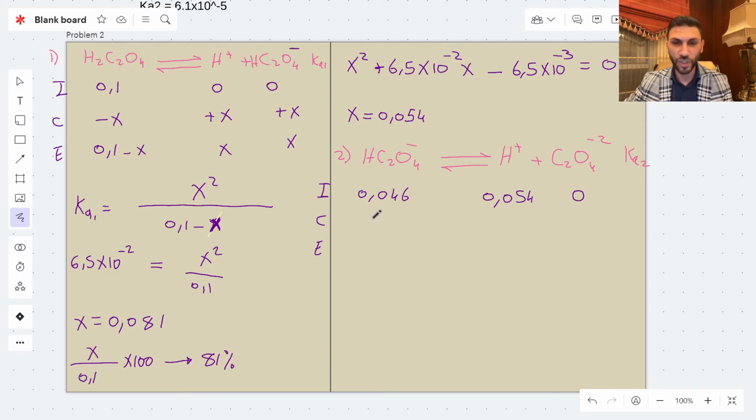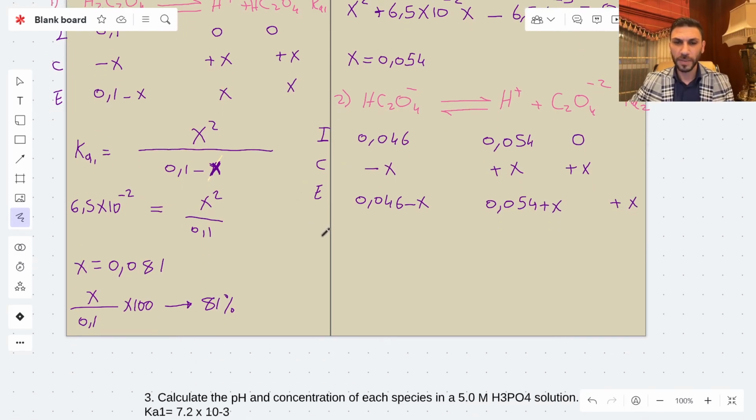Now, in the change also, the same thing: minus x, plus x, and plus x. The equilibrium now is 0.046 minus x here, 0.054 plus x, and here we have plus x.